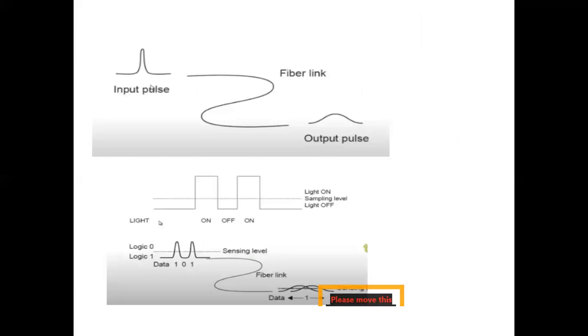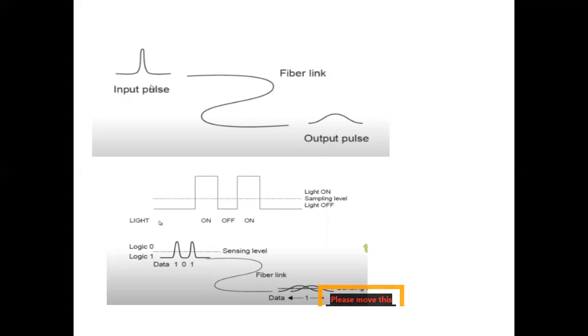In short, we can say that when the optical signal or pulse is guided into the fiber optic cable or link, we give the input pulse here, and on the output side the pulse gets spread and broadened as it is transmitted through the fiber.